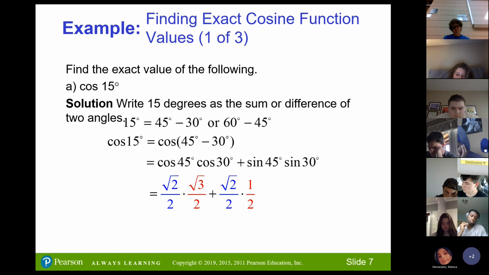That's what I got. Wait, it's supposed to be plus, sorry. Now that is a test question. Please don't make it harder than it is. That's it.